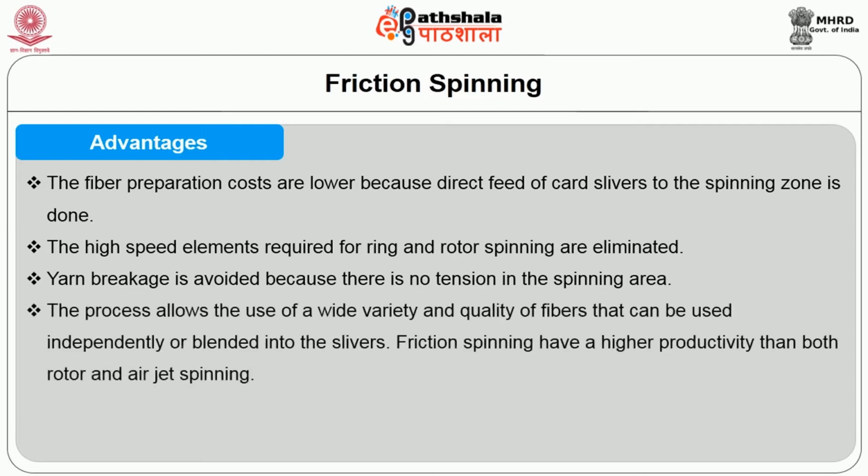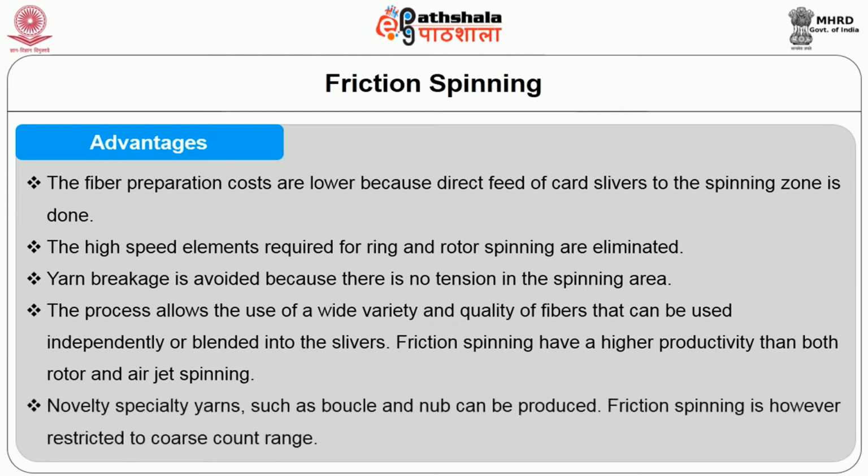The process allows the use of a wide variety and quality of fibers that can be used independently or blended into slivers. Friction spinning has a higher productivity than both rotor and air jet spinning. Novelty specialty yarns such as sisal and nub can be produced. Friction spinning is however restricted to the coarse count range.